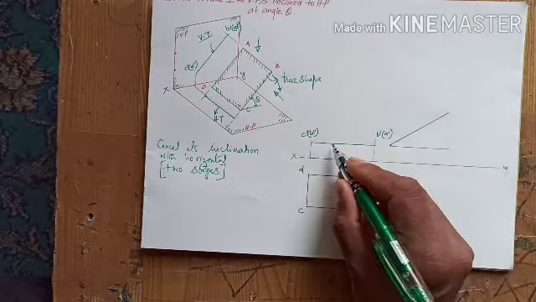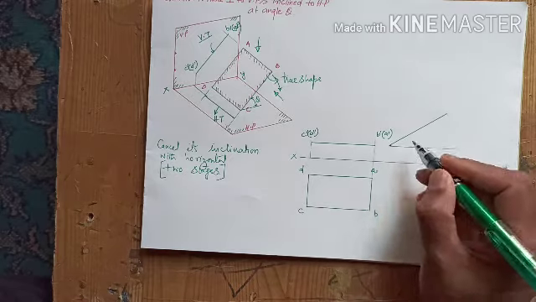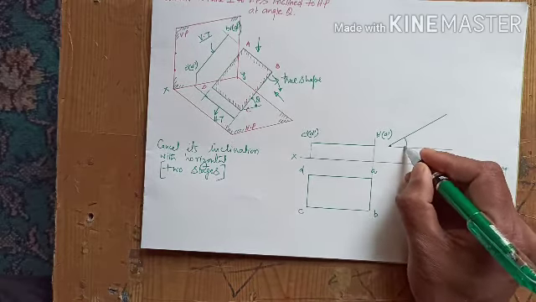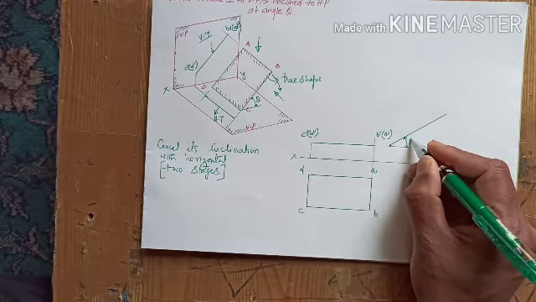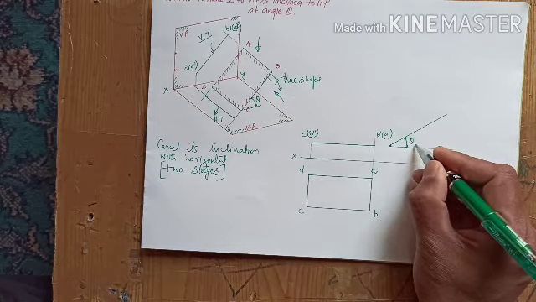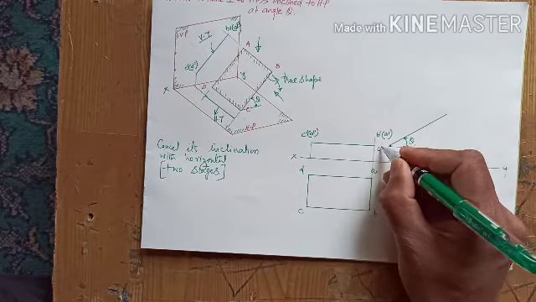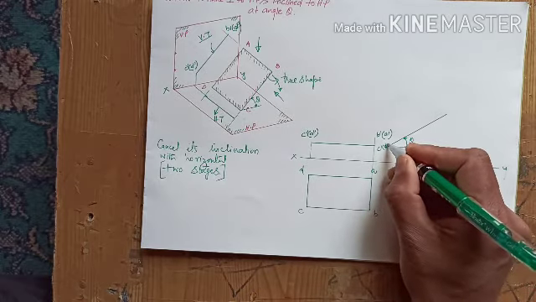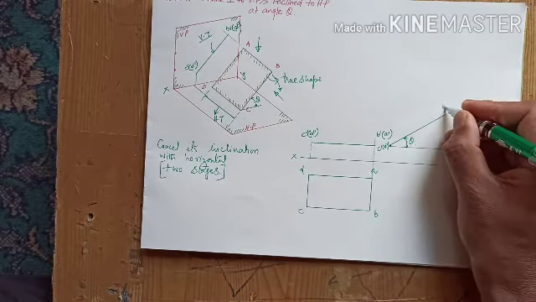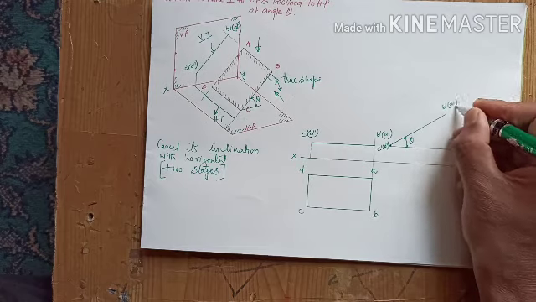So we have to reproduce this line at an angle. That angle will be given in the question, which was theta here. This line is the same. This end is C prime, D prime, and this end is B prime, A prime.